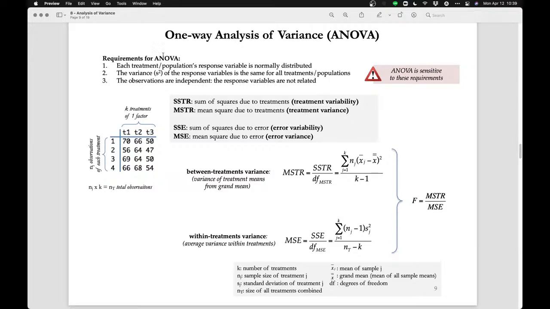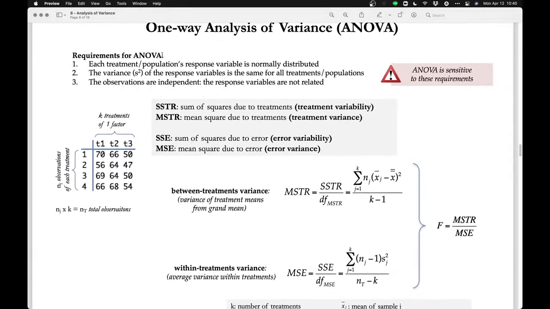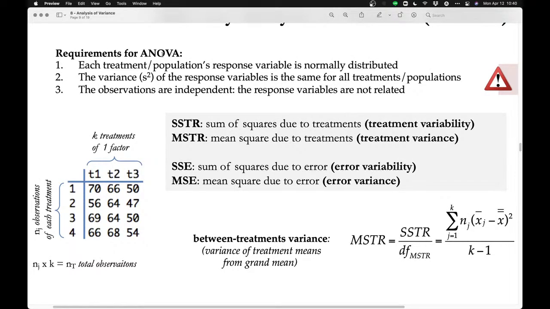Now, just a little reminder that ANOVA has some requirements. ANOVA does assume that the samples you're getting for the different treatments come from populations with normally distributed data. All right, so that is one of the assumptions of ANOVA.